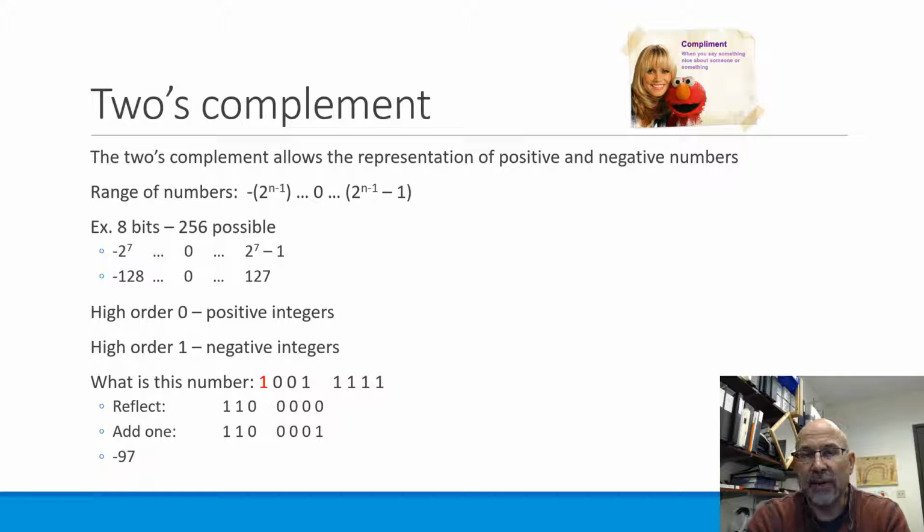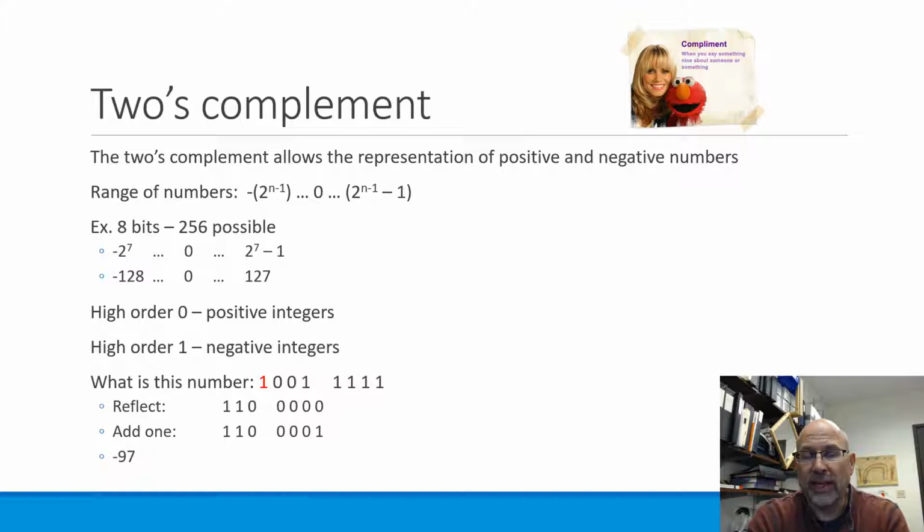So this would be negative 2 to the 7th, all the way down to 0, to positive 2 to the 7th minus 1. And so the range of possible values is negative 128 to 0, and then all the way up to 127.